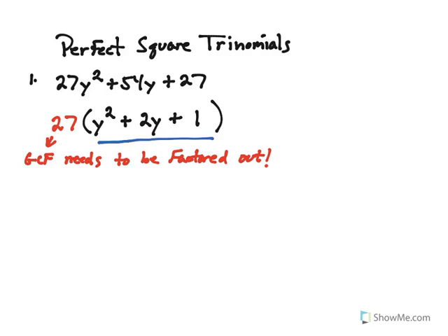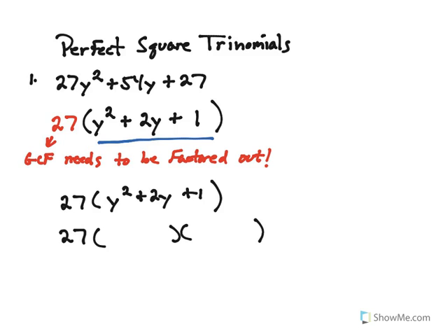So when you try to do this, okay, let me just rewrite everything over here. We can factor this out by doing this. How do we know it's a perfect square trinomial? Well, we're going to look at the first term and the last term, and identify whether or not those are perfect squares, because if they are, then you have a perfect square trinomial.